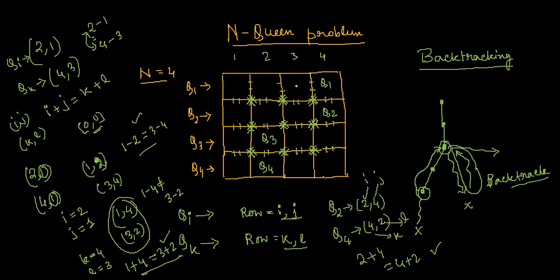So since the row number with respect to the queen is fixed, I can draw something like this. So this is 1, 2, 3, and 4. And this is column 1, column 2, column 3, and column 4. And queen 1 is to be placed in one of these 4 columns.